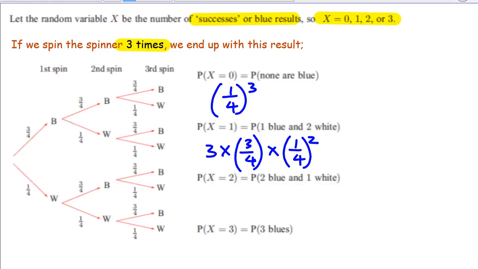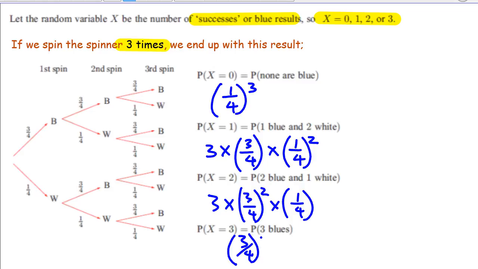And then the probability that we have two blue results will be 3 multiplied by 3 over 4 to the power of 2 multiplied by a quarter. The probability that we have 3 blue results will be 3 over 4 to the power 3.